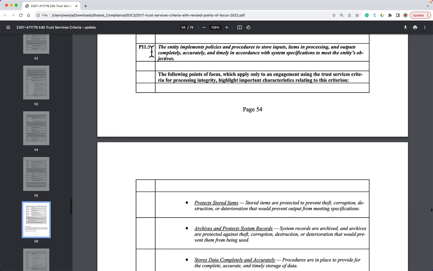Next one, PI 1.5, the entity implements policy and procedure to store input items in processing and outcome completely, accurately and timely in accordance with system specifications to meet entity objectives. So this one is talking about storing of inputs and outputs.